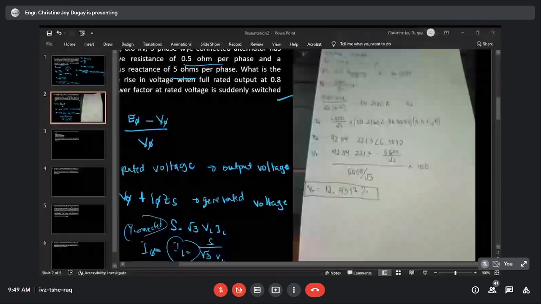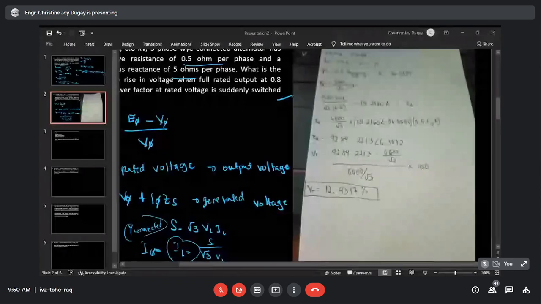So that is now the value of the voltage regulation natin, or that is the percent VR. Any questions? May tanong po ba? Wala po sa akin, ma'am.